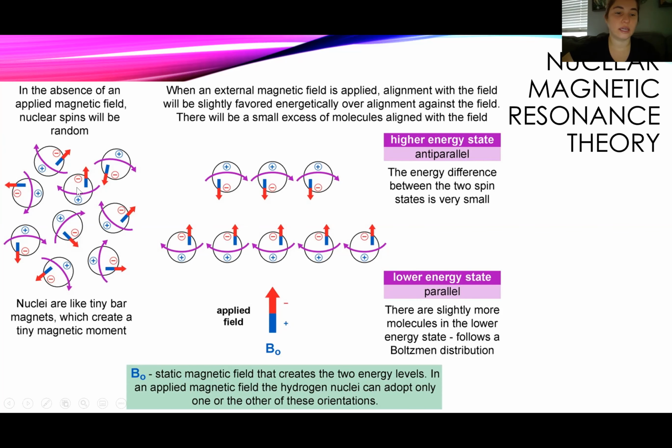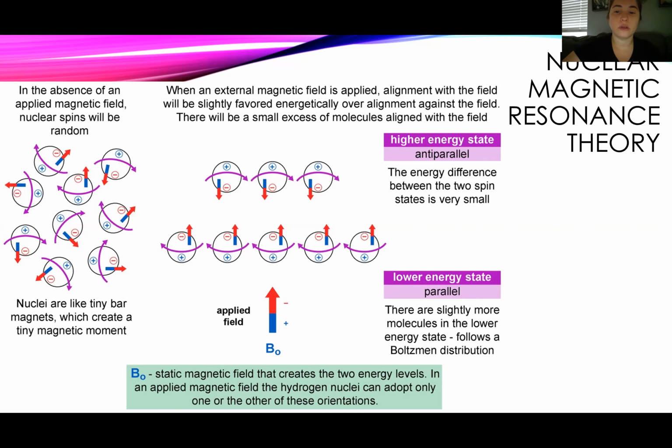Remember also that the spin creates a dipole, creates essentially a magnetic field around the atom, which makes these nuclei kind of like tiny bar magnets, is how they describe it, which creates a magnetic moment. So when the molecule is just existing on its own, it's randomized. There is no overall magnetic moment of the molecule. But if you apply an external magnetic field, these atoms can align.